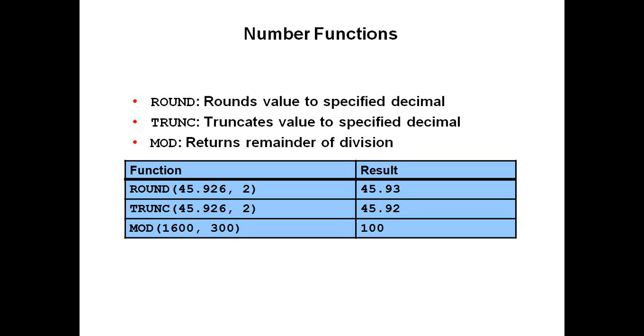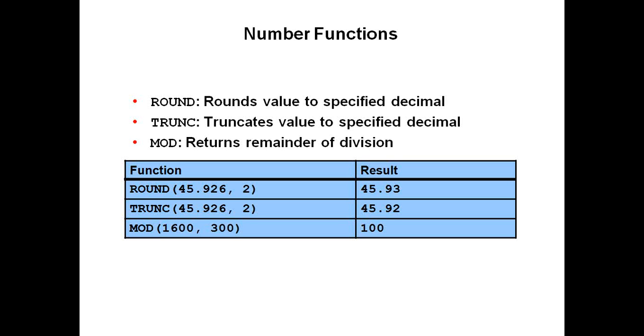So it's the same as mathematics. Then we have truncate. In truncate, even though the third position is greater than 5 or whatever it is, it is going to just blindly cut down the values to 2 decimals. And that is the reason in truncate for the same input you are going to see the output as 45.92.